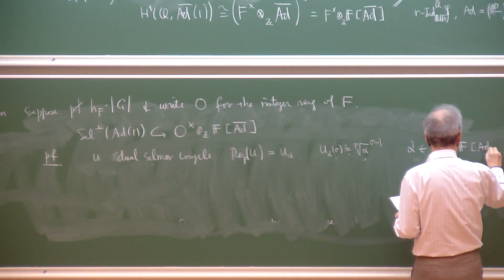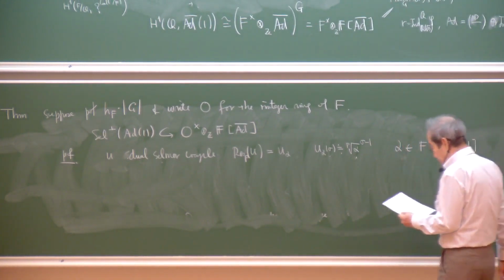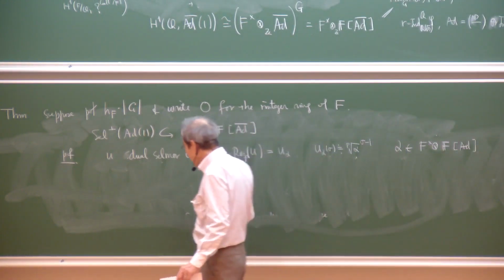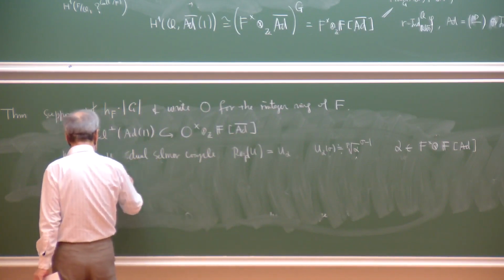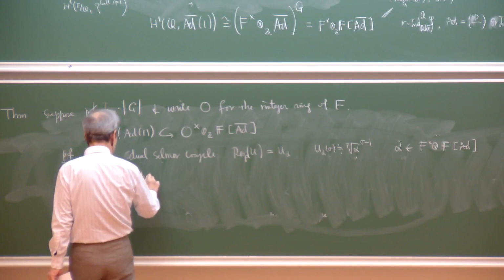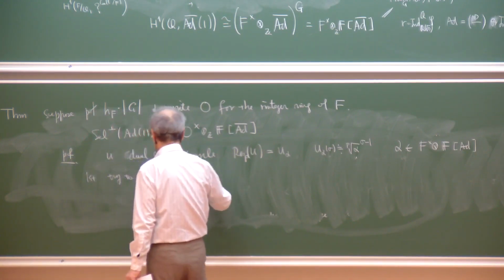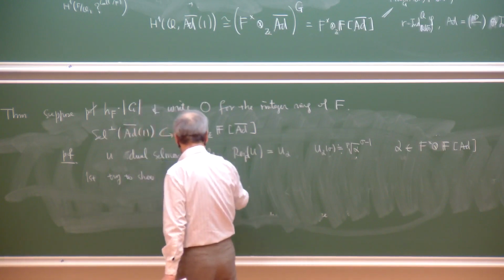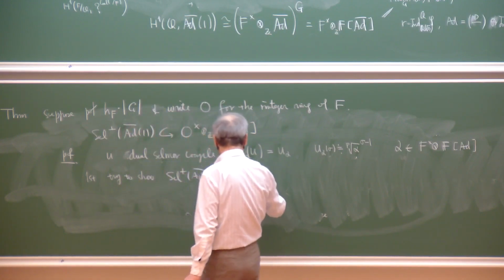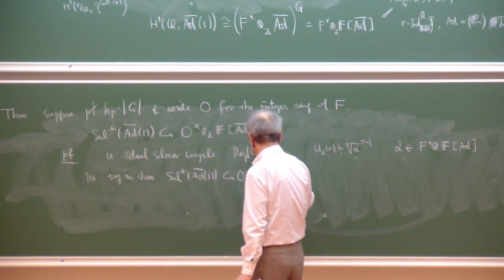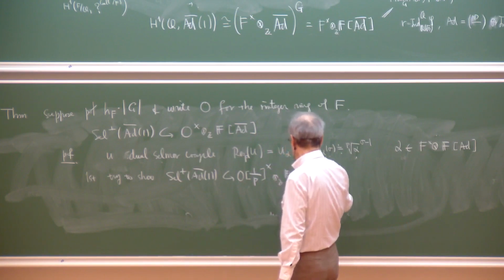Okay, so first I try to show the Selmer of ad bar 1 inside O[1/p] tensor Z F of ad bar.